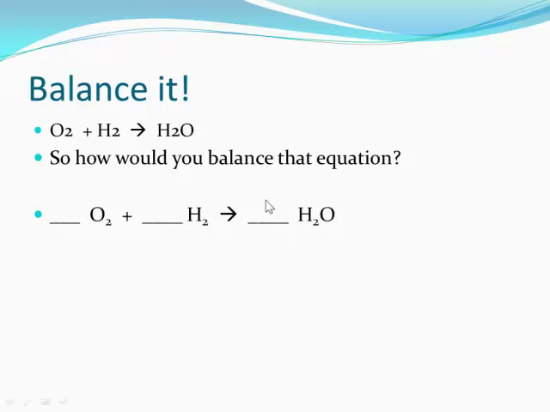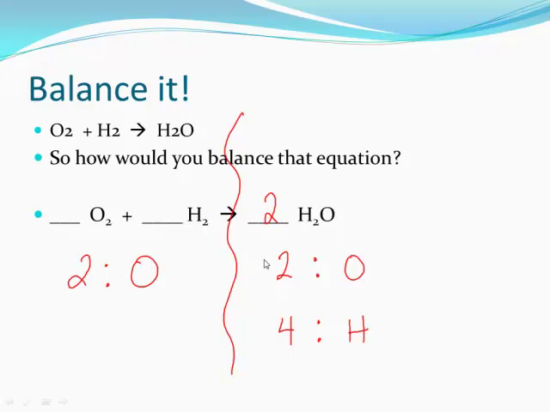So we did place a 2 here, which multiplied and gave us 2 oxygen atoms, and now we have 4 hydrogen atoms. Remember, treat the reactant side separate from the product side. On the reactant side, right now, I have 2 oxygens. Hey, that matches, right?